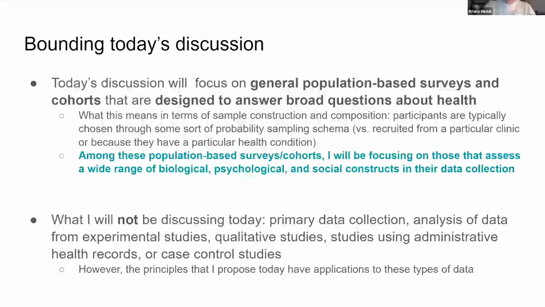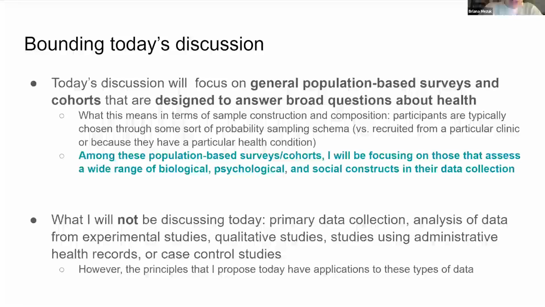The reason for this will become apparent later. And within these population-based surveys and cohorts, I'm going to focus on those that assess a wide range of constructs, which is the type of thing we're very interested in.